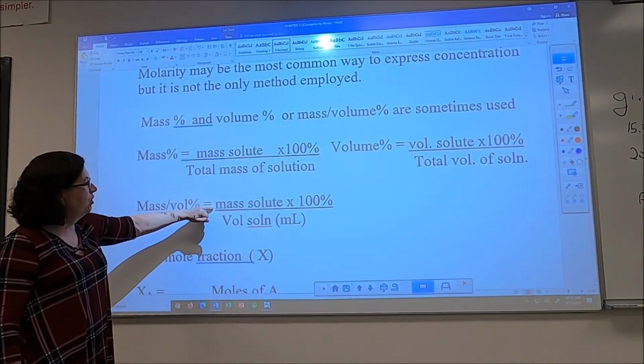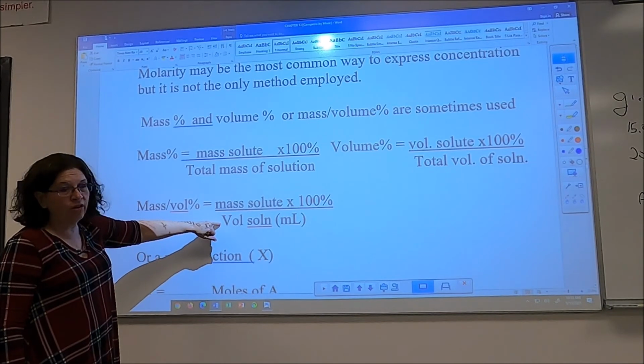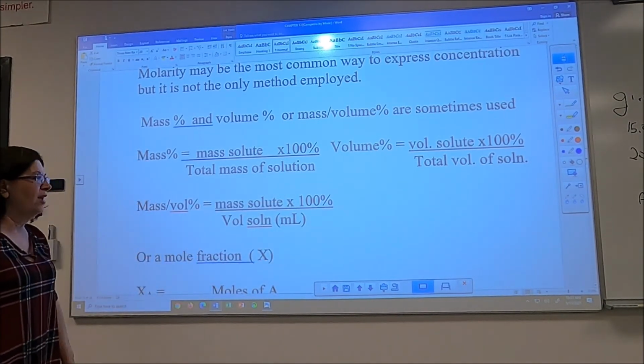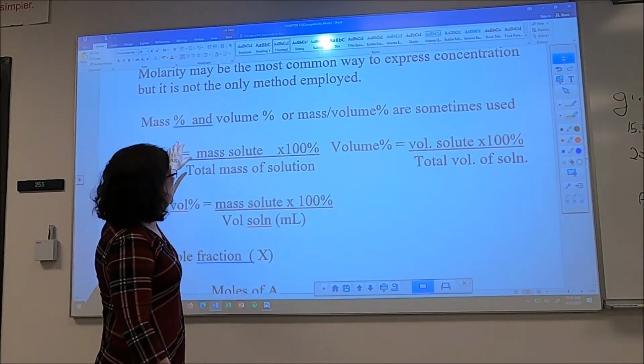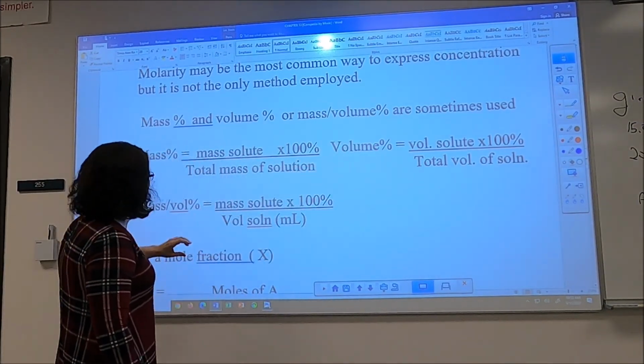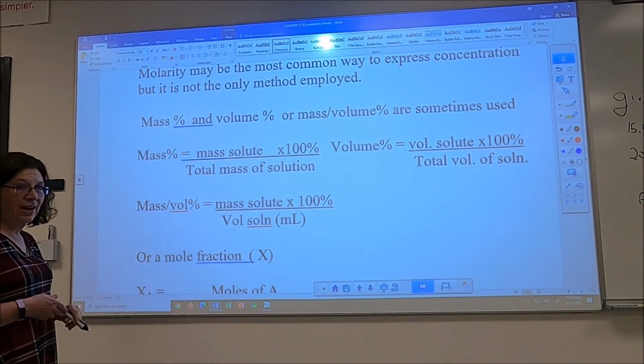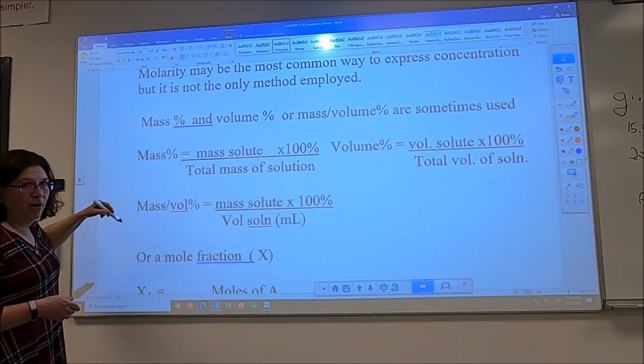Or mass of solute in grams divided by volume of solution in milliliters times 100 would give you mass volume percent. Chemists don't use these that often. We deal in moles of things looking at chemical reactions, so these aren't super convenient. I don't sweat these too much.